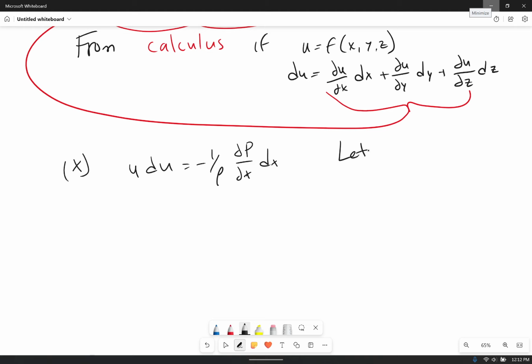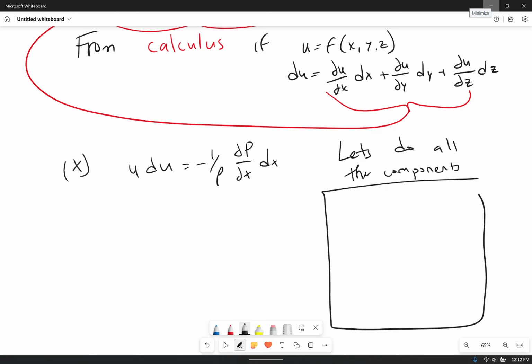So let's do it for all the components, okay? Now I'm going to write this entire process out again. I'm just going to say we did it for all of them. And I'll go ahead and give them to you right here. So I have the x component, the y component, and the z component. And just for later, I'm going to say this is 1/2 d of u squared, because that's what it would be.